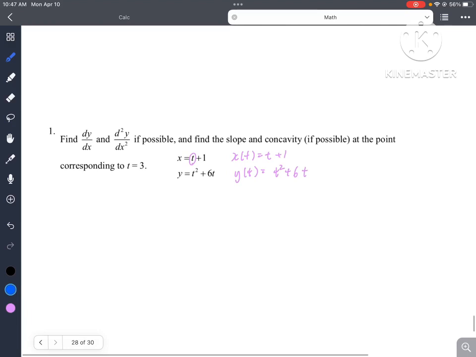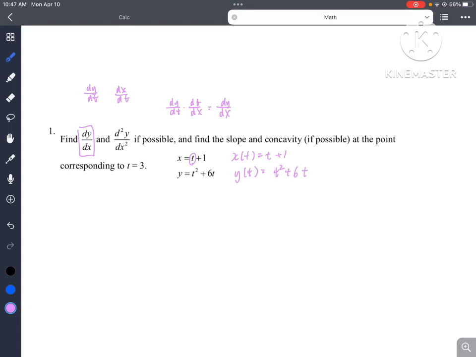Now you may be wondering, if all of these functions are in terms of t, then how can we find dy over dx? Well, for this one, we can just use chain rule. We observe that we can find dy over dt, and we can find dx over dt. So using chain rule, we have dy over dt times dt over dx is equal to dy over dx, which is what we want to find over here.